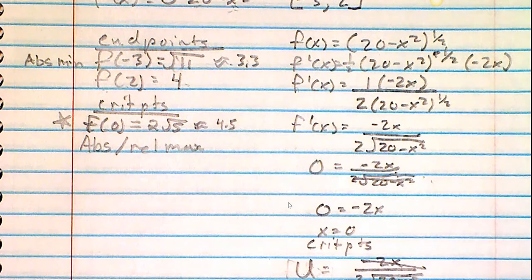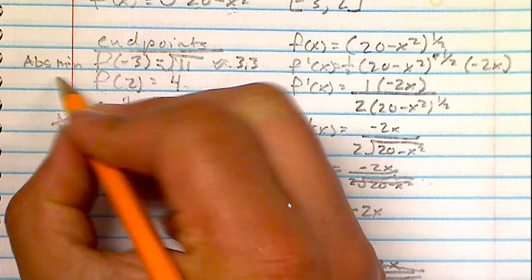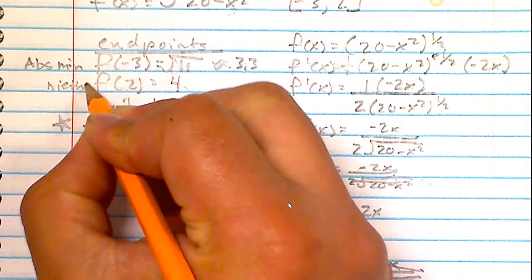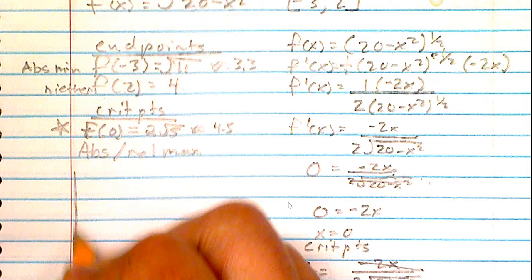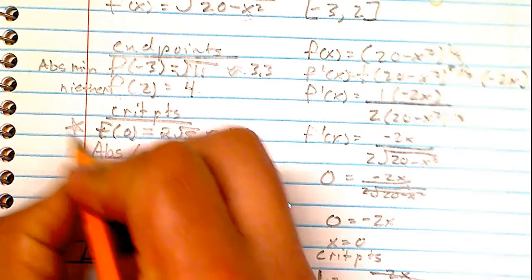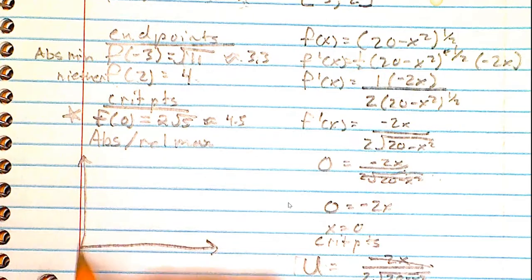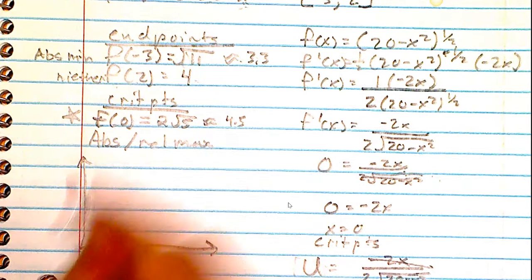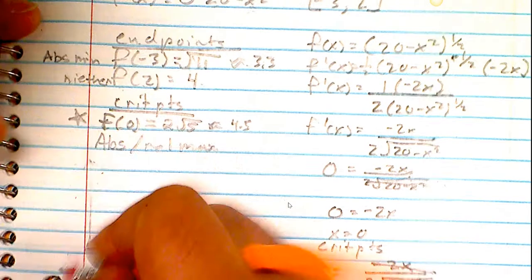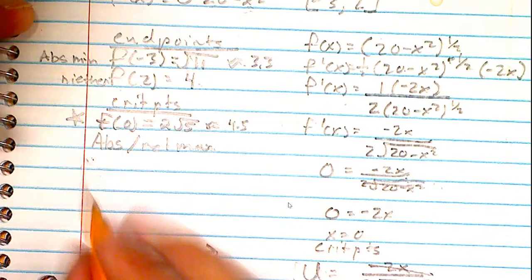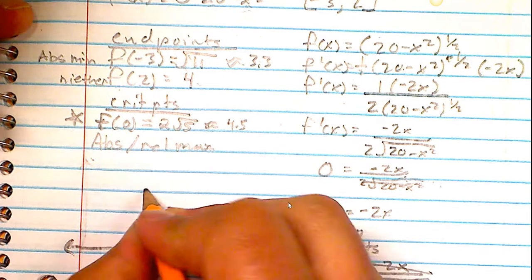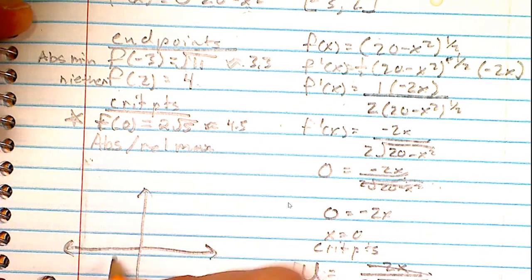We're done. This is neither. Now let's make a quick sketch of this. Oh, I need negatives. Okay, so -3, let's put that right here.